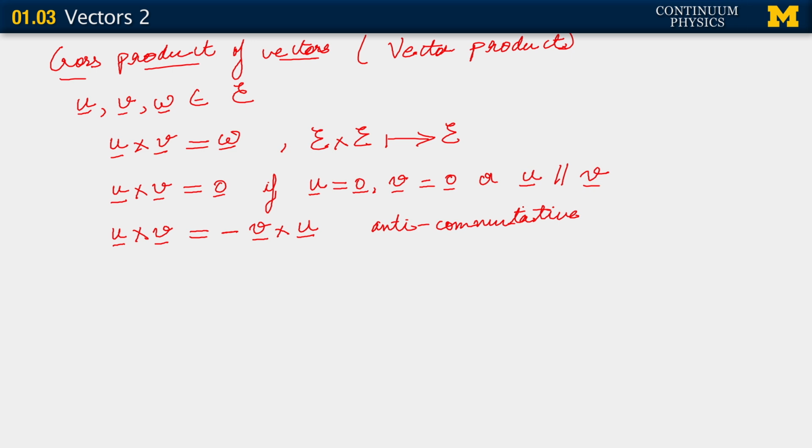As the very last thing, just as we gave a geometric interpretation for the dot product, we talked about how the dot product could be viewed as taking the magnitude of each vector and multiplying those magnitudes by the cosine of the angle between them.